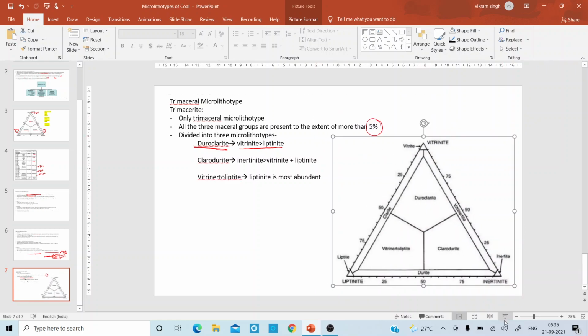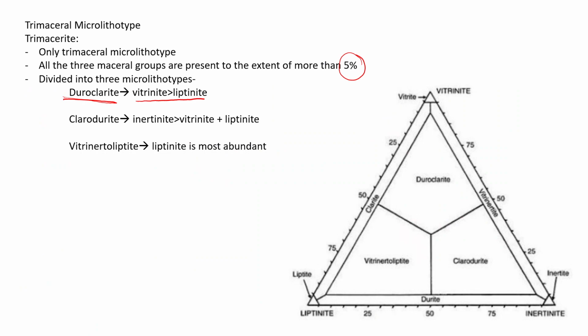All right. So we can see that in duroclarite, the vitrinite group of macerals has to be more than liptinite. So this field alone is of the vitrinite followed by the liptinite.